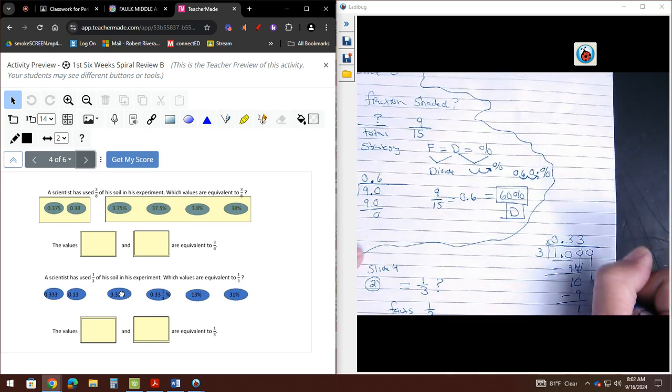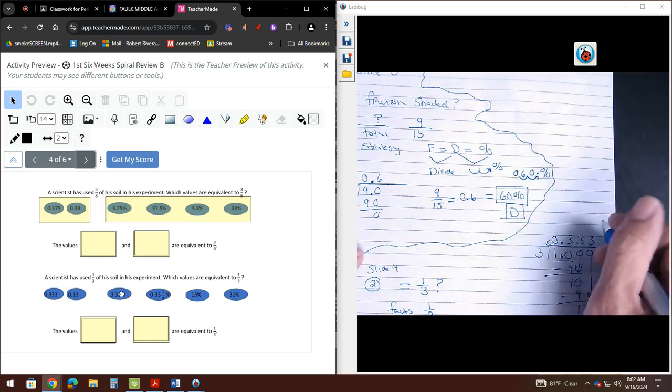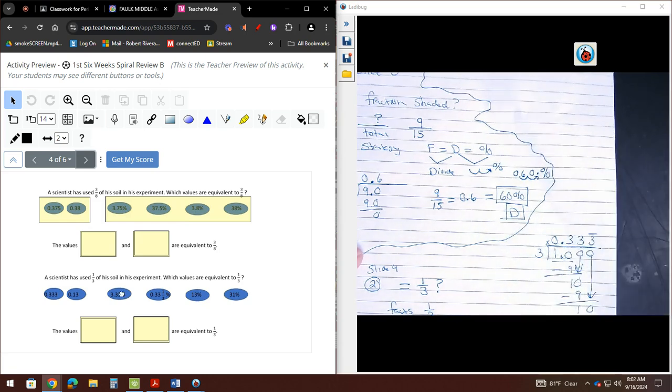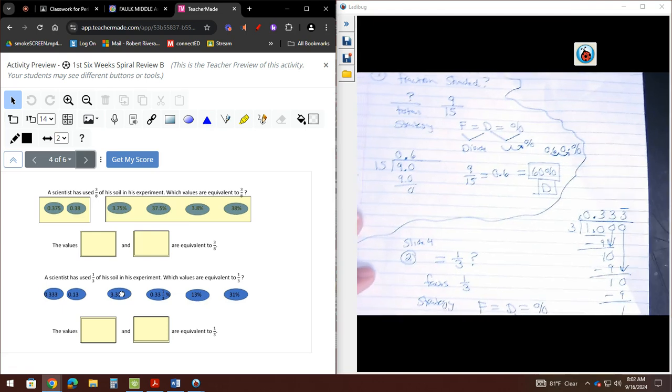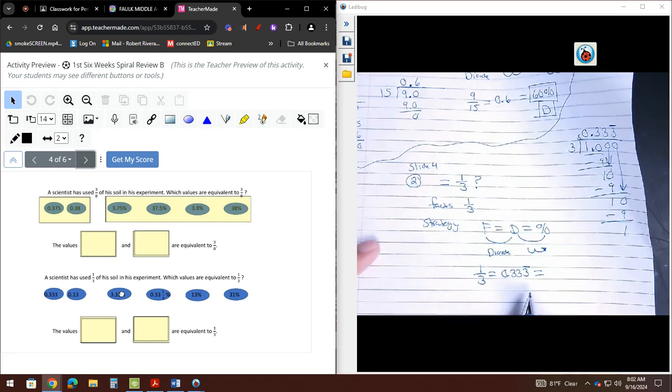I like to stop in the thousands, so I'm going to add one more. So I can stop there. 10, hundreds, thousands. Once you know it's a repeater, put a bar, a repeating bar to show it's a repeater. And now we can start putting this organization. 1/3 equals 0.333 repeater. Now we're going to percent.